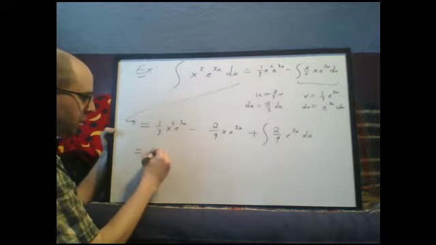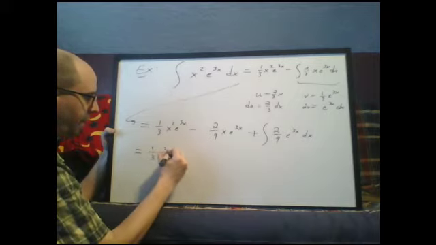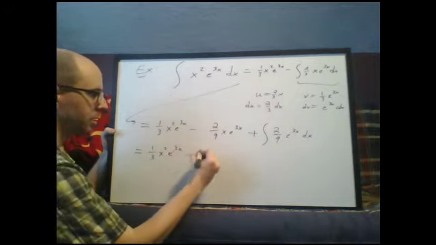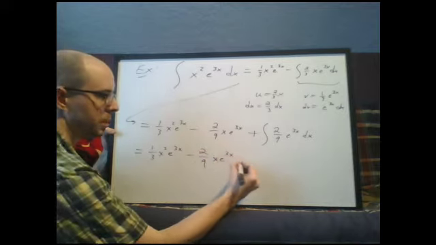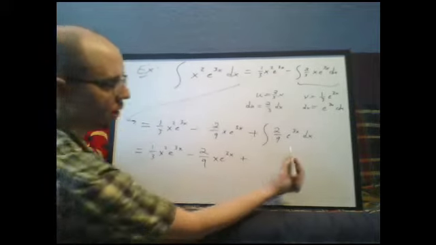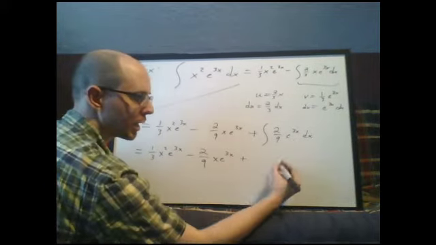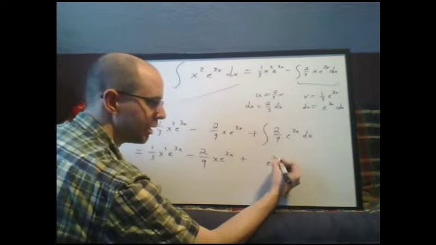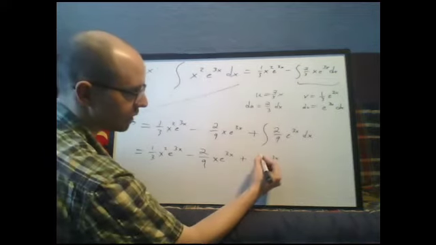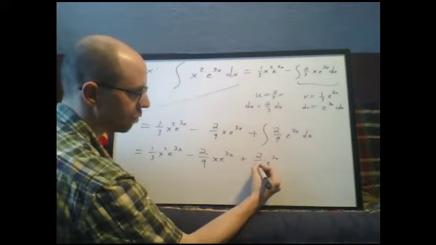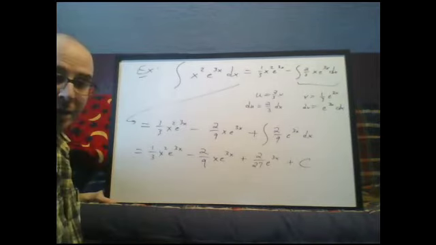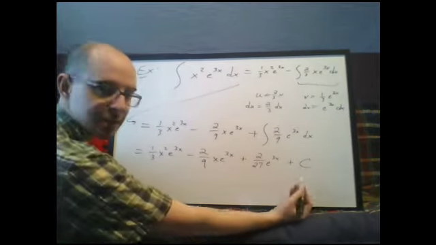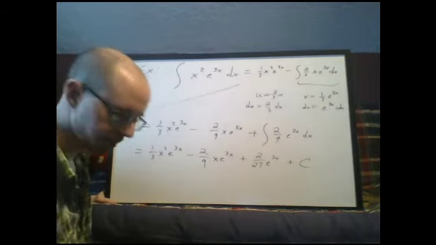So our final answer would be all of this preceding stuff plus when I integrate this e to the 3x, I get e to the 3x divided by 3 again will make this 2 over 27. And now with that final integral handled, I can stick on my plus c at the end.